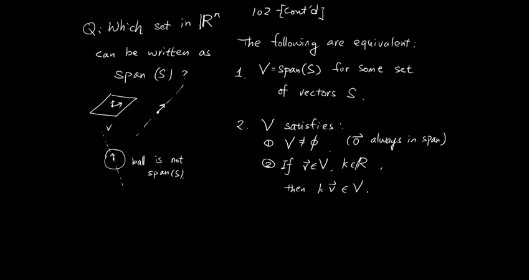This is basically what we drew here. If you have a vector in V, and it can stretch to infinity, any scalar multiple of this vector is also in V, because it is the span. So if you want it to be a span of S, then this vector should stretch to infinity.